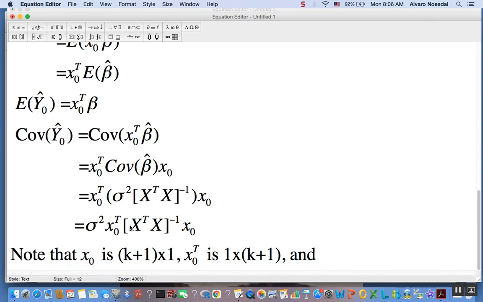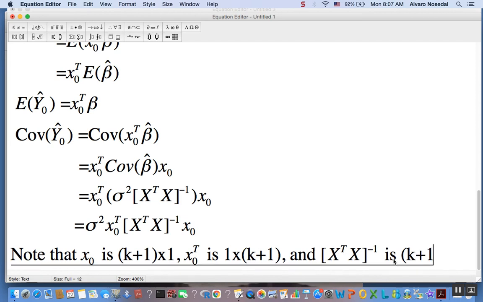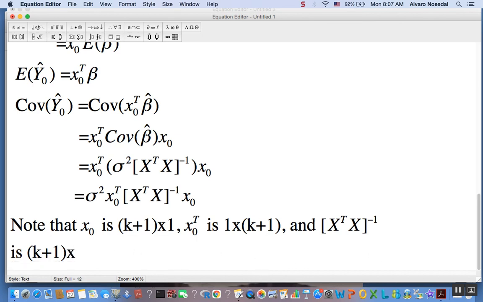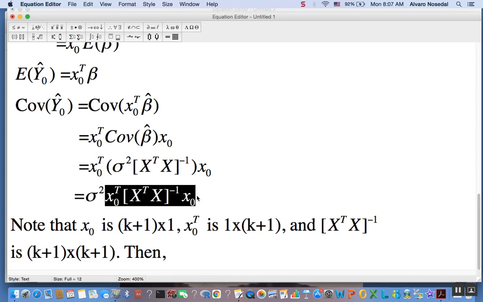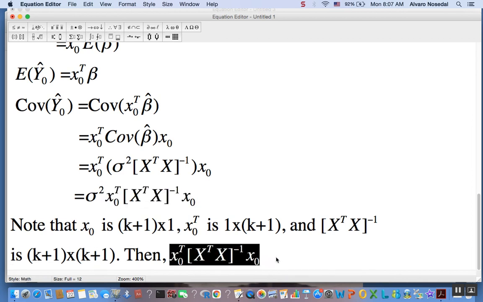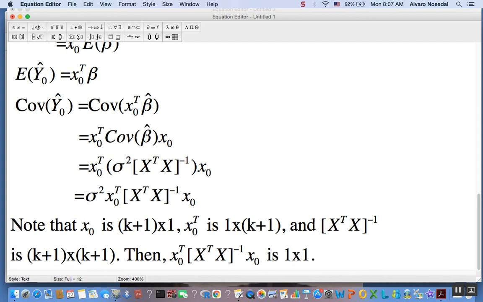And this guy here is just k plus 1 by k plus 1, then this is 1 by 1. It's a scalar, right?